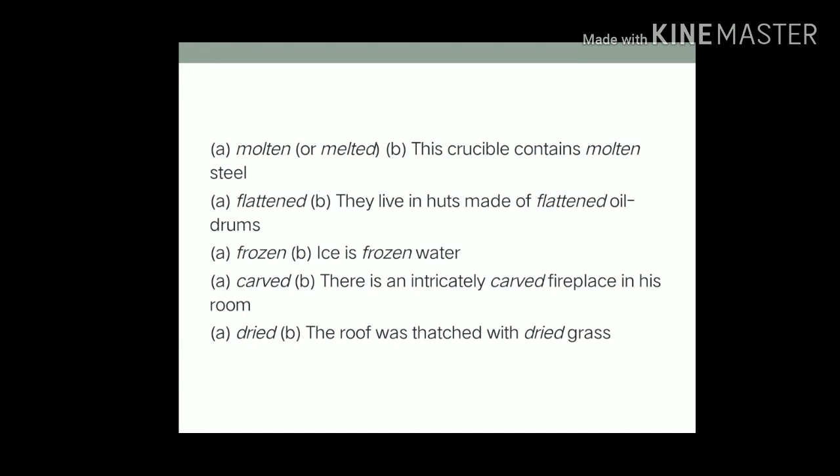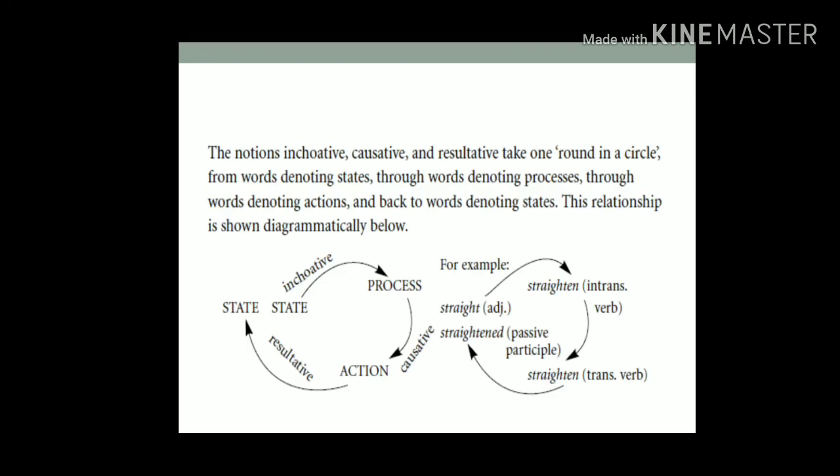Okay, let's see the illustrations in the next slide. The notions inchoative, causative, and resultative go one round in a cycle. So there is a relation between these three, and it becomes a round in a cycle from words denoting states, through words denoting processes, through words denoting actions, and back to words denoting states.